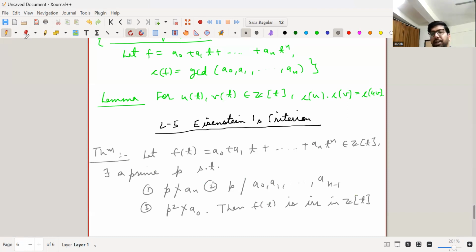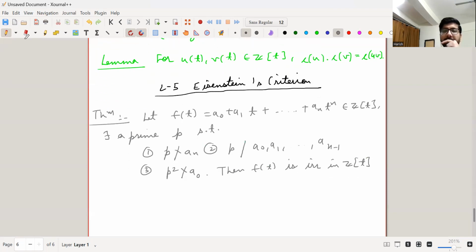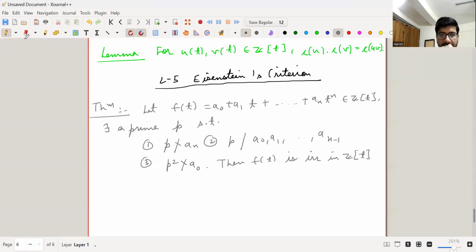Okay. And if it is irreducible in Z[t], by Gauss lemma, this implies f(t) is irreducible in Q[t], because Gauss lemma says that irreducibility in Q[t] is same as irreducibility in Z[t].